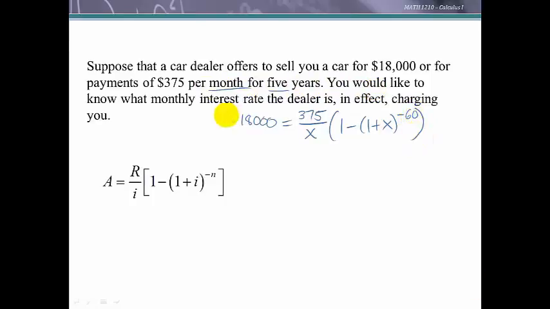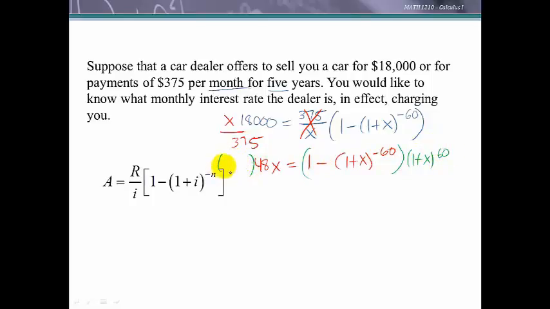We could multiply both sides by x over 375, so we could get rid of this fraction, and 18,000 divided by 375 is 48. So we'd have 48x equal 1 minus (1 plus x) to the negative 60. Now let's multiply both sides by (1 plus x) to the 60, so we can get rid of that negative exponent.